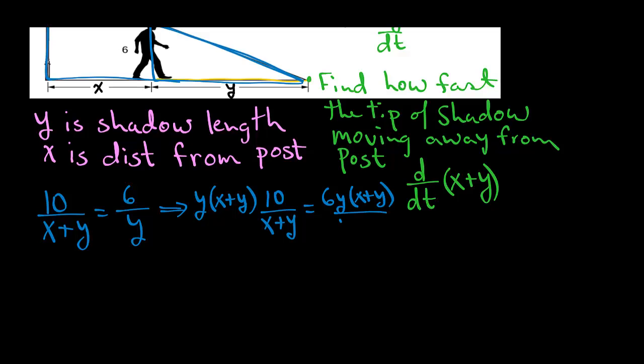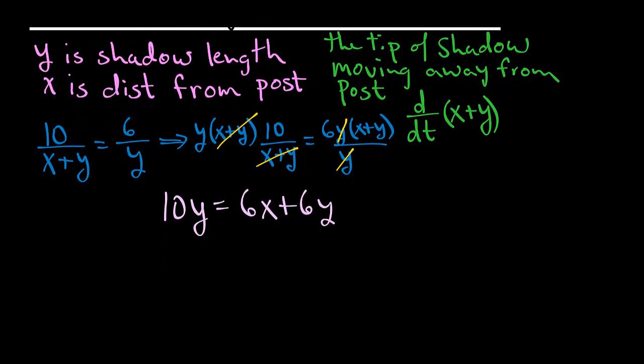All this is really just cross multiplying. Now the x plus y cancels on the left side, and the y cancels on the right. So now we have 10y on the left equal to 6x plus 6y on the right. I could simplify that a little more by bringing the 6y over, and I get 4y equals 6x.